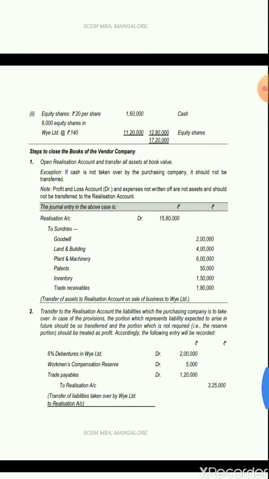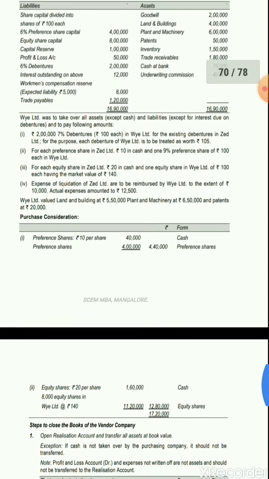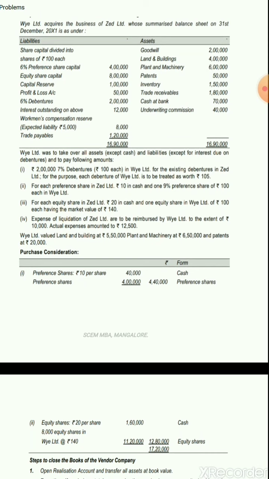So what are the assets which are taken over? See, Y Limited has taken over all the assets except cash. So it has taken over goodwill, land and building, plant and machinery, patents, inventory, trade receivables, but not cash. So cash cannot be included here because it is clearly mentioned it is not taking over cash, but all other assets. Then underwriting commission cannot be included. So underwriting commission, miscellaneous expenses, preliminary expenses, fictitious assets, and debit balance of profit and loss account, these items are not included.